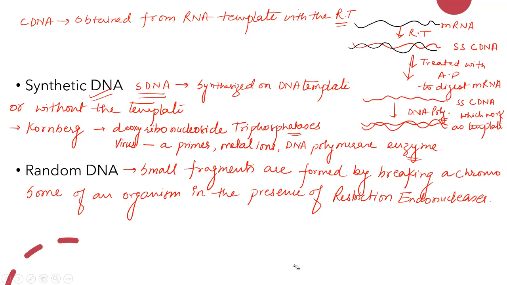So the measurement of DNA in a cell is in terms of a unit which is known as what? C. 1C. It is a unit, the G1 phase of the cell cycle.